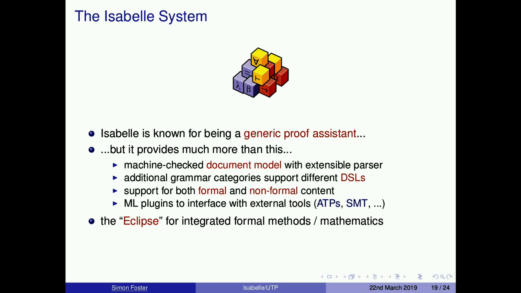So first of all, you need to be able to describe topology. And on top of topology, you need to describe things like limits. You need metric spaces. You need real numbers, Cauchy sequences. Then you need to start to talk about differentiability. And then from that, you can start to describe ordinary differential equations and so on. And then finally, from all that infrastructure, you can then start to do reasoning about hybrid systems.